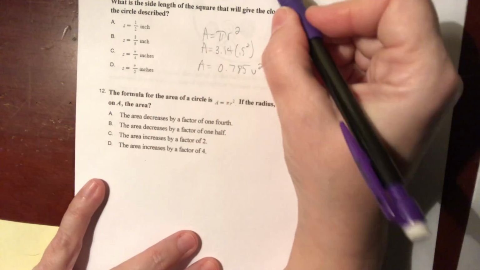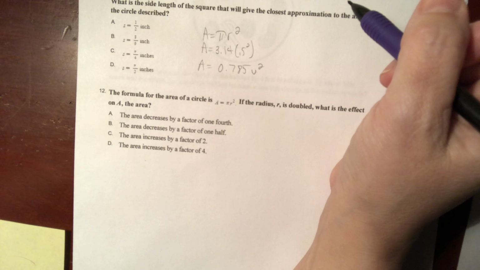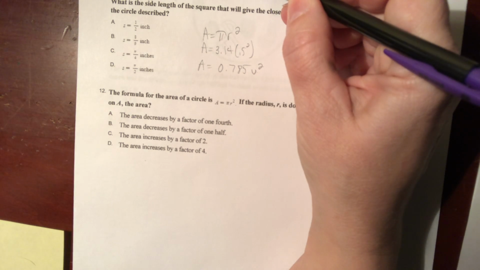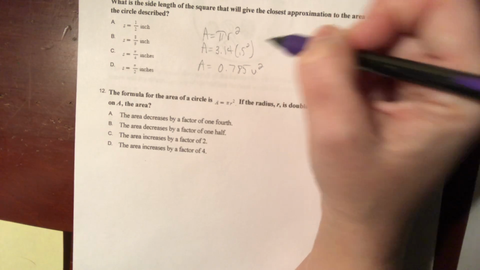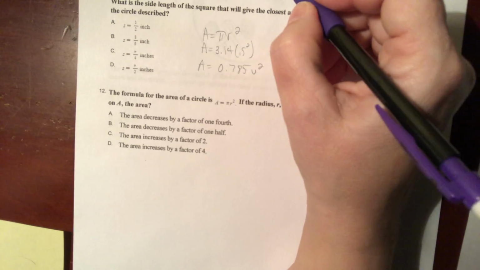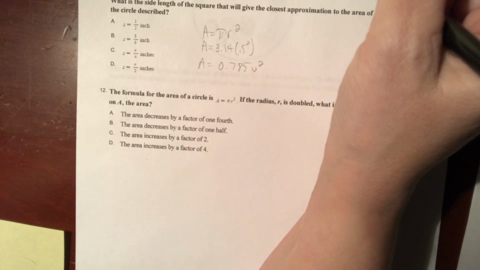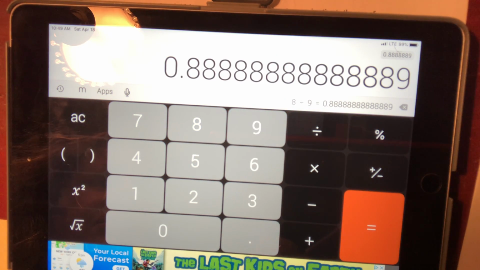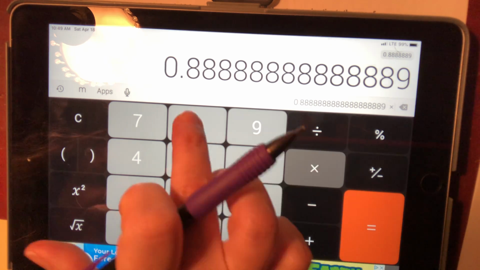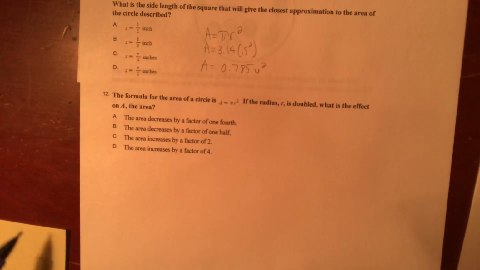All right, so I want the square to be the same as that. So let's take a look. Will the side need to be a 1/2 inch? 0.5 times 0.5 is only 0.25, so that's not going to be enough. 8/9 times 8/9. Let's see. 8 divided by 9 equals that, times 8 divided by 9 equals that. That is pretty darn close.